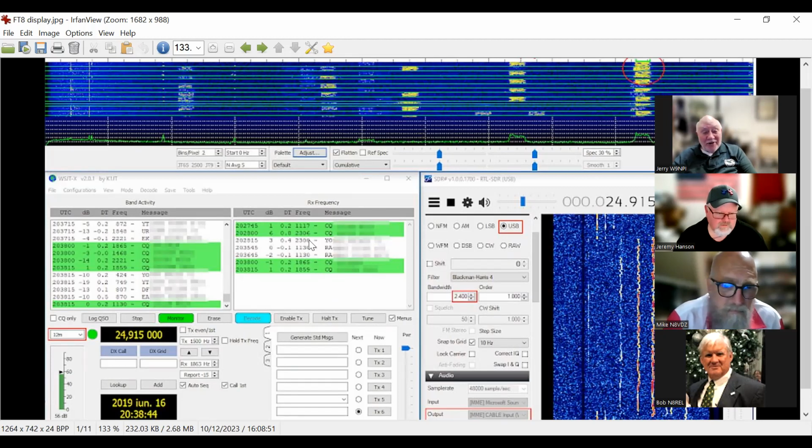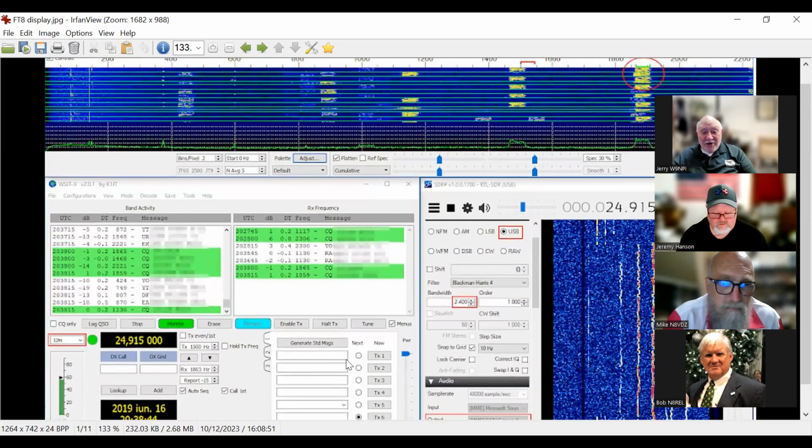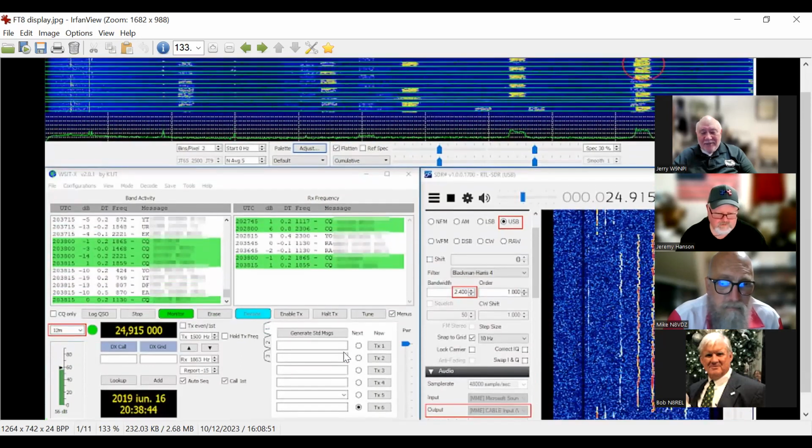Hello, your strength is such. Did you hear me? Yes, I heard you. Your strength is so and so. Thank you. And that's it. And that's a credit you can use towards working all states or getting your 100 DX contacts for DXCC or whatever. So this is pretty much some of what we do on the HF bands.